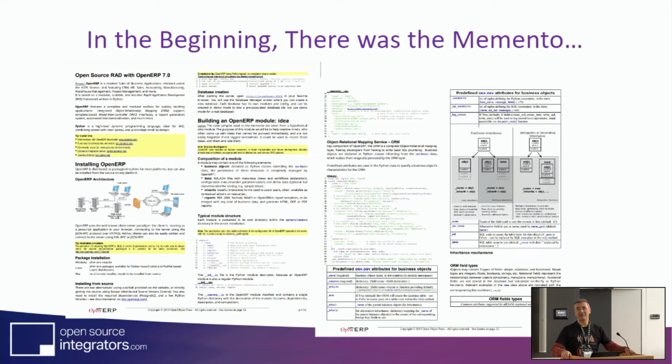So when I started with Odoo around version 6, the only documentation available was terrible, constantly outdated, and the best thing we had was this technical memento. It was a PDF, I think Fabien wrote it himself. It's like 12 pages long, very condensed, very hard to decipher. It's something you had to read 20 times to understand everything that was there. And even then there were pieces you couldn't grasp because there was no explanation, just some code examples.